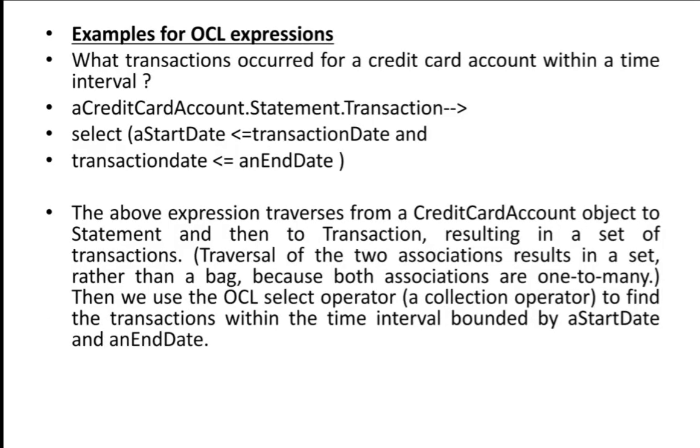For example, this is an example for what transactions occurred for a credit card account within a time interval. You have to check how many transactions occurred for a credit card account within a particular time interval.